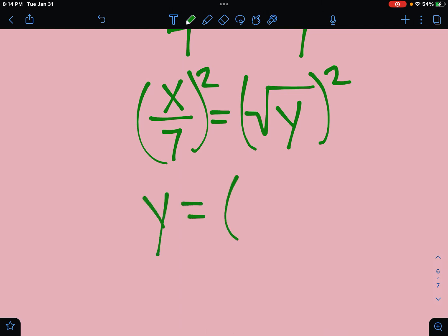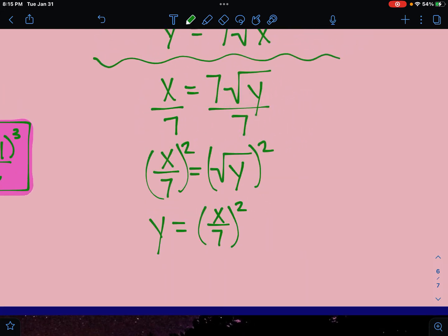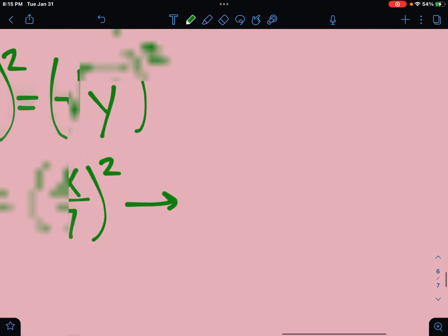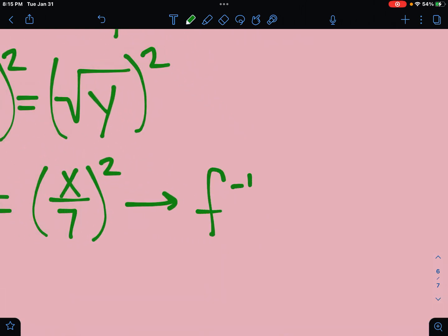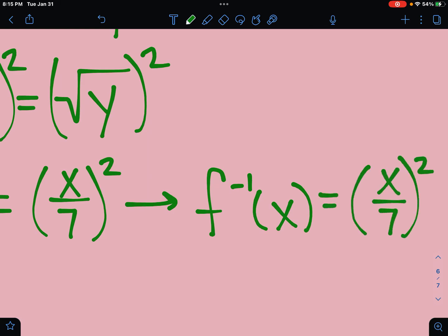Then I get y equals x over 7 squared. And I need to write my answer in function notation. So that would be f inverse of x equals x over 7 quantity squared.